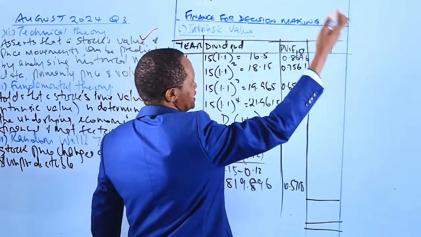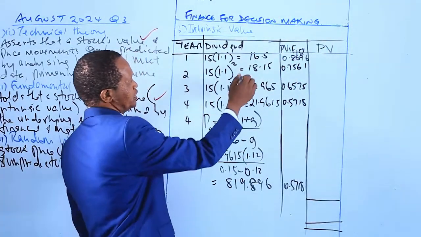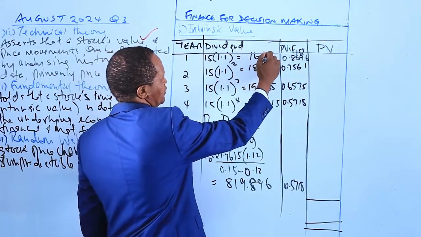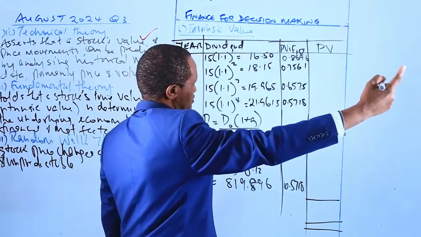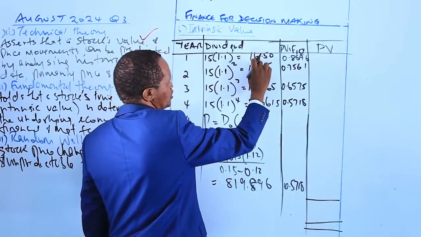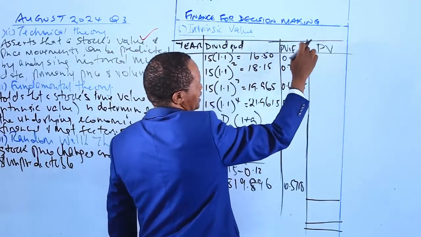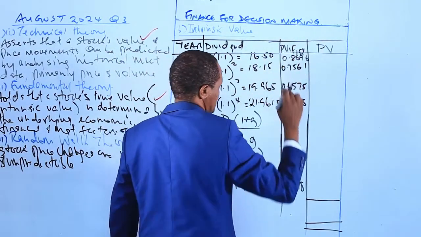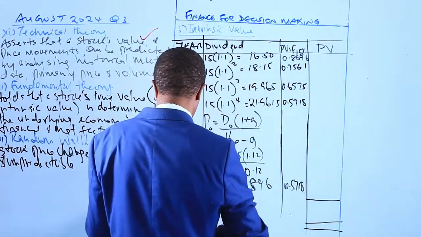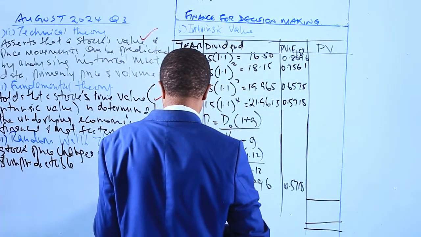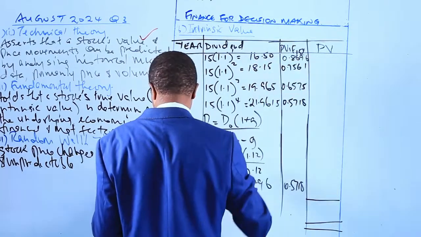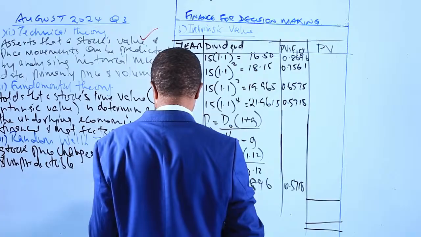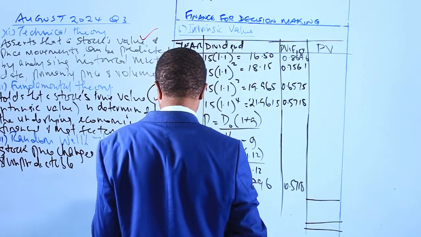This is called discounting, because this 16.50 is the value of the dividend after 1 year. This is the future value. To determine the present value, we multiply it with the present value interest factor. So year 1 is 16.5 times 0.8696. This is equal to 14.3484.